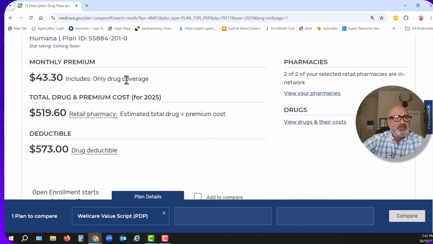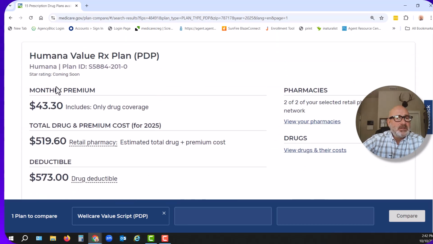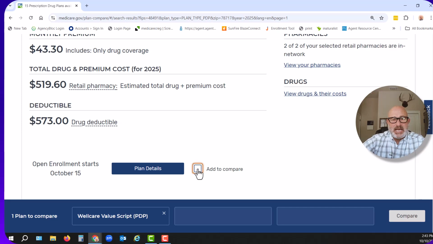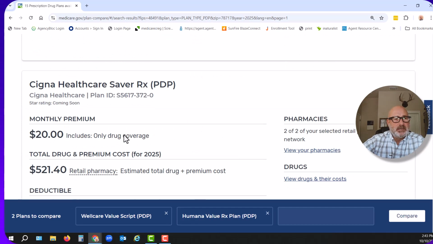The next most cost effective plan is from Humana at $43.30. Their copays are also zero on my particular drugs, but you're paying a higher premium, so over the year you're going to spend an extra $519 if nothing changes. Now, let me show you something here.